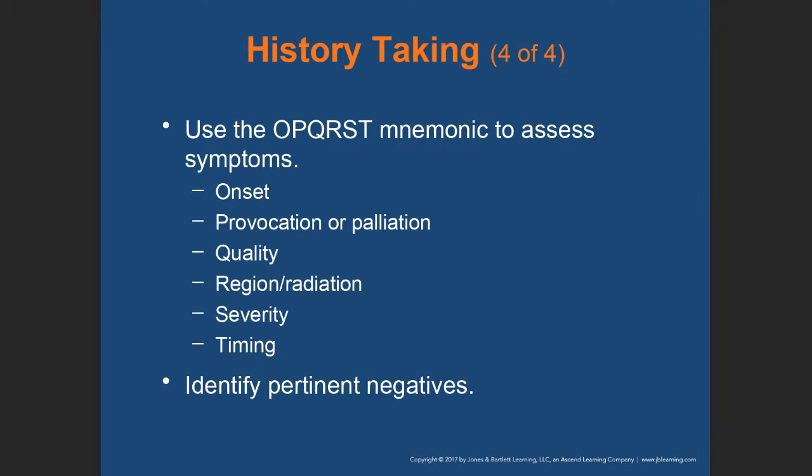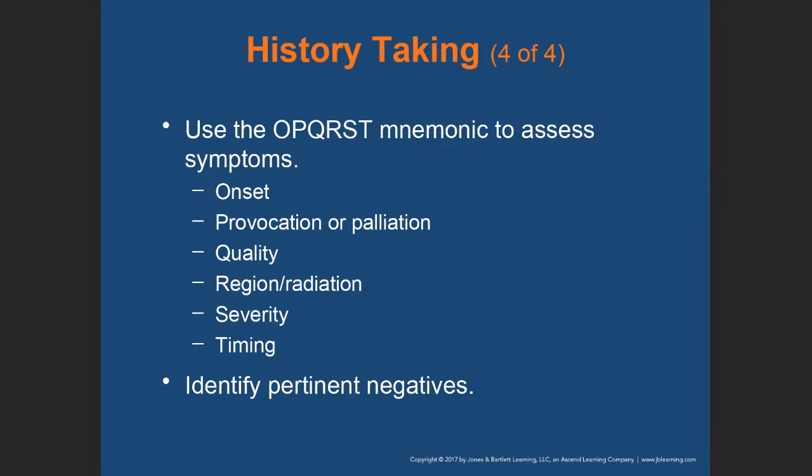number? Or you can say on a scale of 1 to 10, one being the lower end, 10 being the high end, what number would you give the pain? And if they said that the pain is 9, was it 9 from the onset?